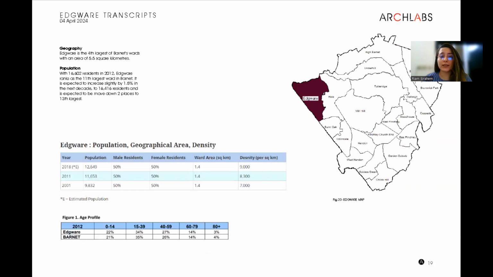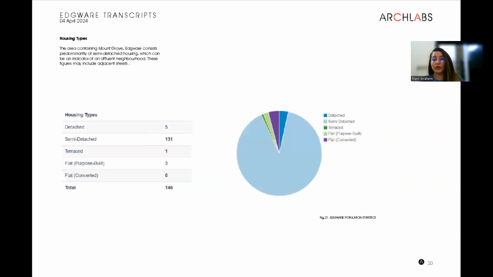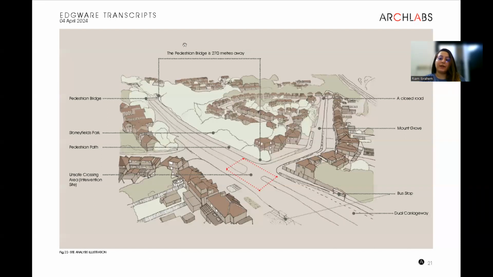I've done some site analysis, studying the area and how many people live in this closed road near the crossing. A total of about 146 houses are in this closed road. This is an ISO explaining the site in an illustration.